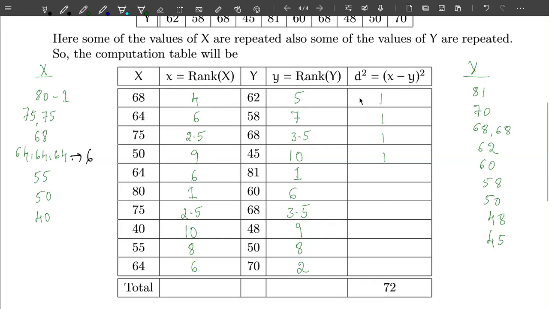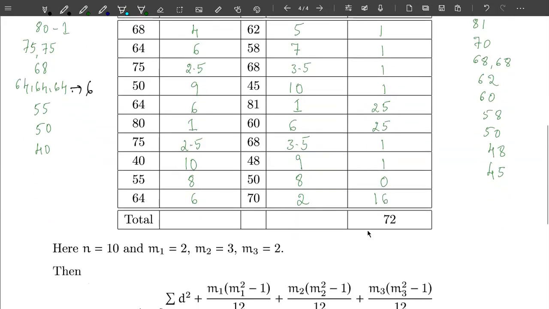Then it is 5 square, that is 25. Then you have minus 5 square, again you get 25. Then you get 1 here. This is also 1. This is 0. And this is 16. Now when you add these values, you get the summation of d square, that is summation d square is equal to 72.